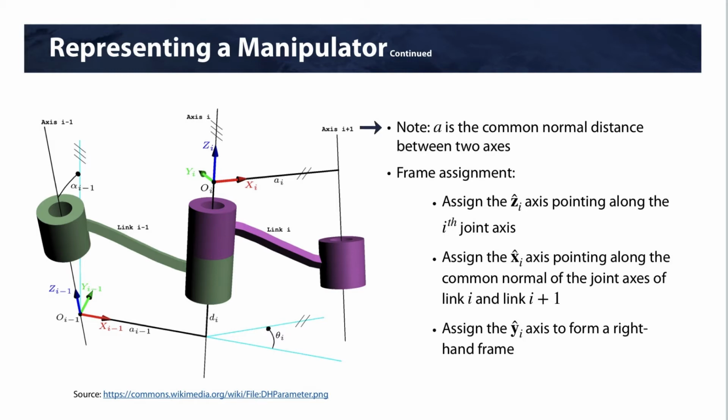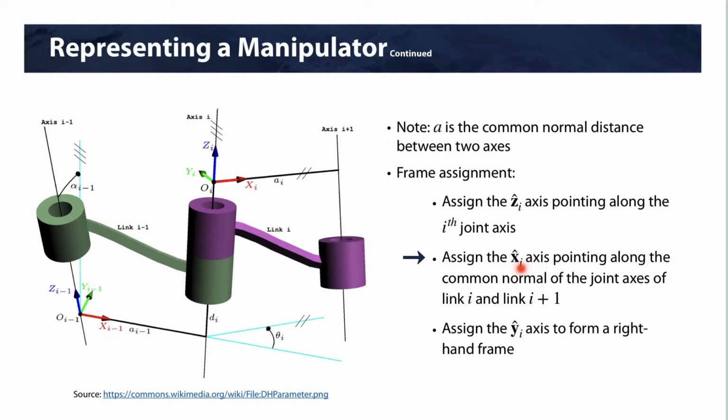Between 2 successive joint axes, we can define a variable a, which is the common normal distance between the 2 axes. Now, in terms of frame assignment, the first thing we do is assign the Z_i axis, pointing along the ith joint axis. So here's Z_i, and we draw it so it's collinear with axis i of joint i.